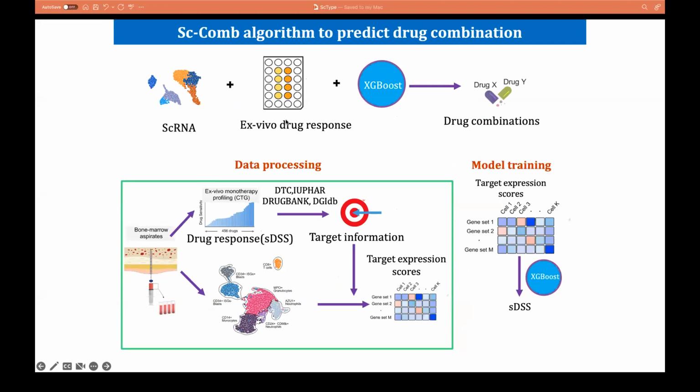Ex vivo drug response means that in the case of acute myeloid leukemia, you take bone marrow cells from the patients, culture them in a plate in the presence of a drug, and measure the growth or growth inhibition of these cancer cells due to the drug, as compared to a well that has not been treated with the drug.